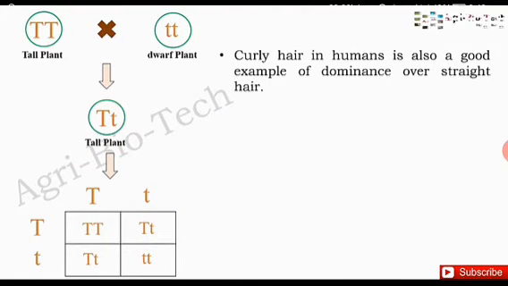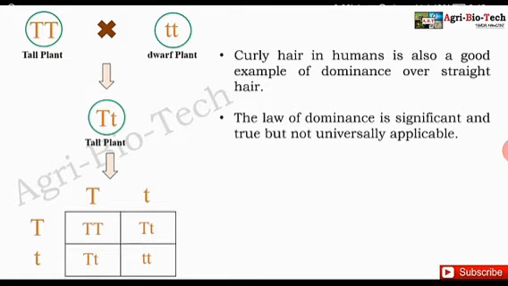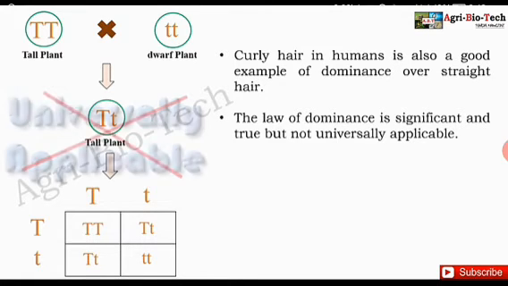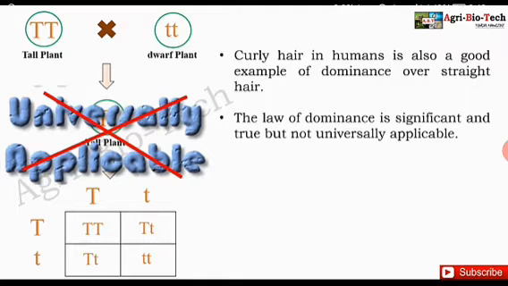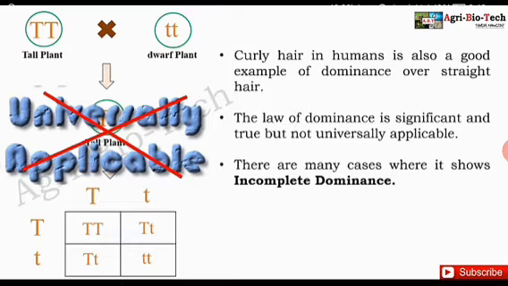Curly hair in humans is also a good example of dominance over straight hair, but this law is not universally applicable. Why? Because there are many cases where dominance is not complete or is absent and it shows incomplete dominance.